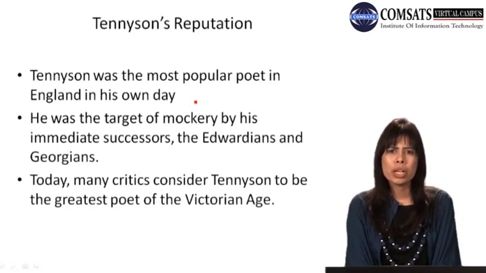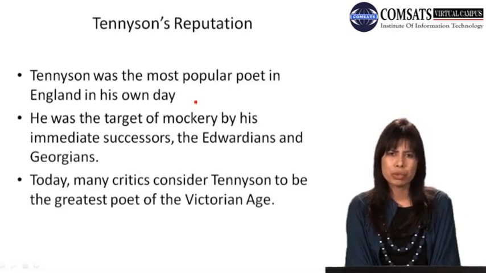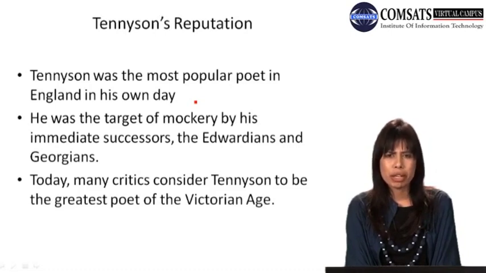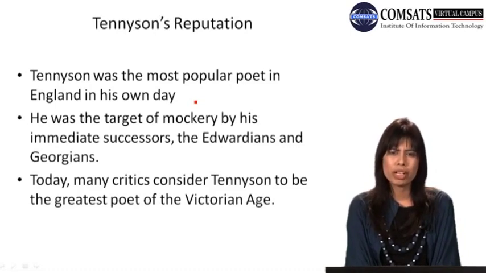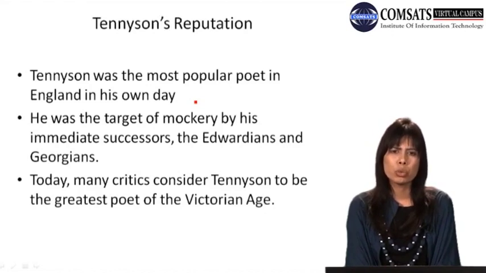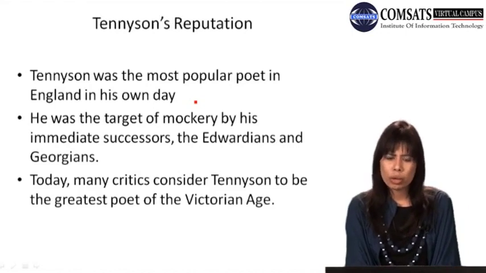So here you have to do a comparative study of poetry in the first half of the Victorian age and poetry in the second half of the Victorian age as well. Here you'll find the clear-cut differences between the two halves of the Victorian age. No doubt he is the greatest poet of the Victorian age because he presented Victorian society in a very good way. All right.